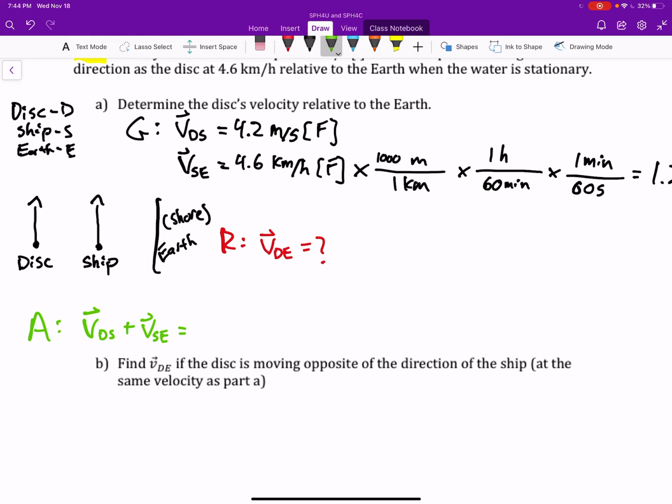So they're both next to each other, quote unquote, and we have a D on the outside and E on the outside. So this will give us the disk's velocity relative to the Earth, just by adding them together.